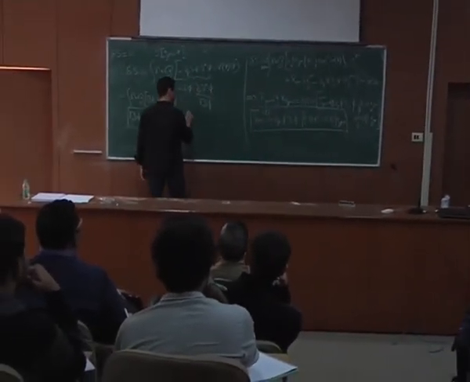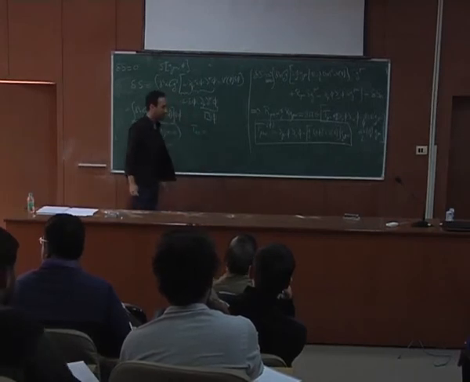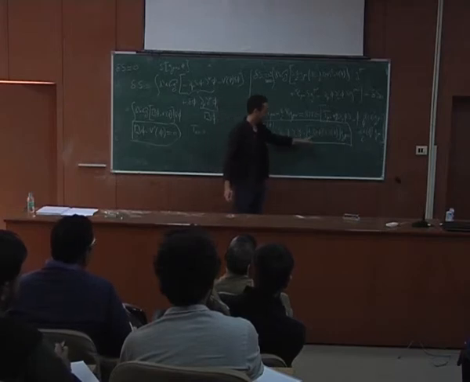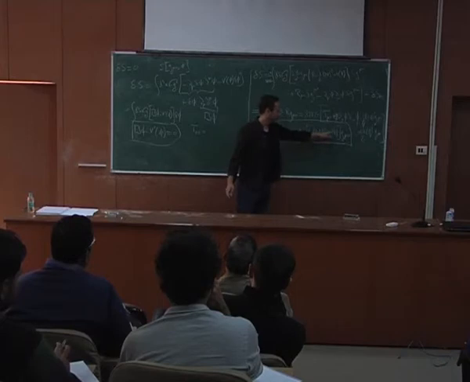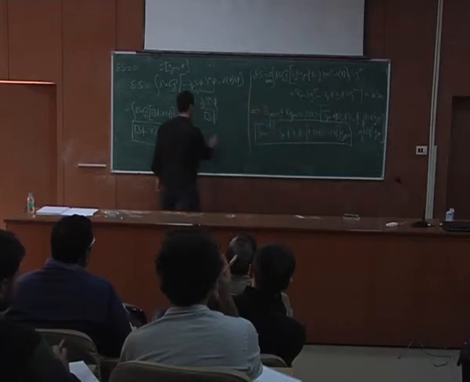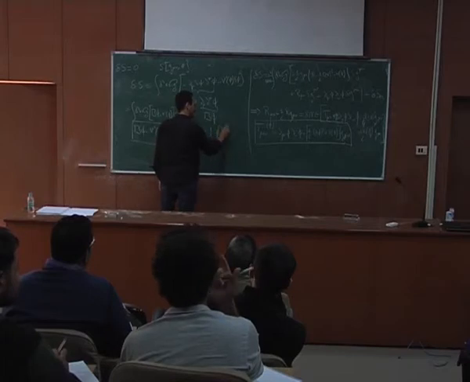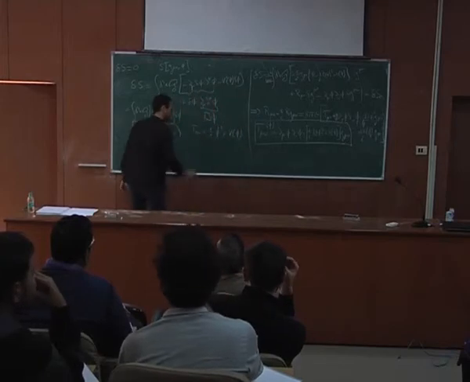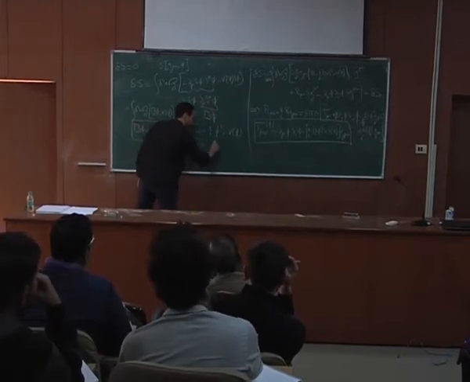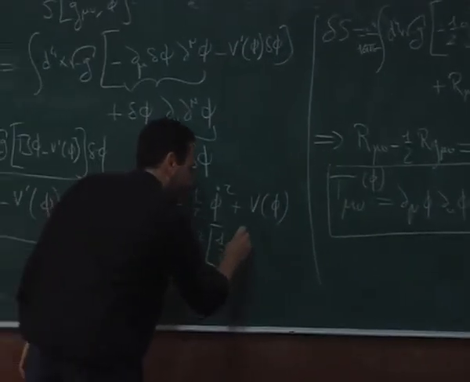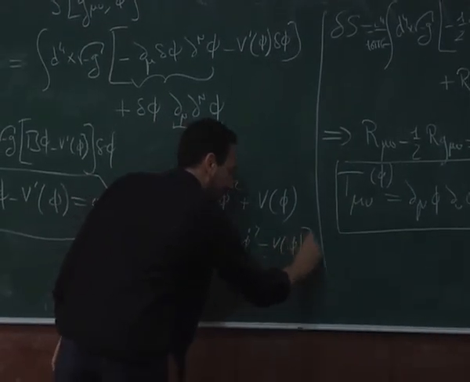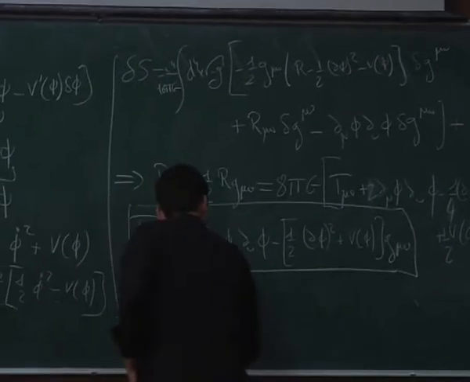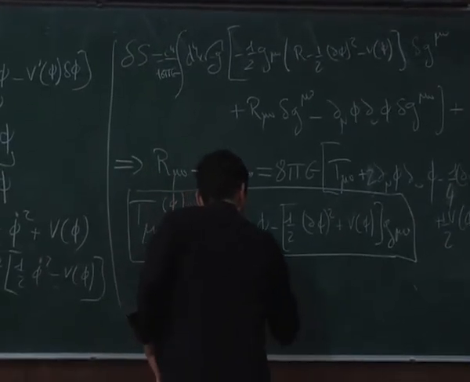I get 1/2 phi dot squared plus the potential, and for the pressure I get minus a squared times 1/2 phi dot squared minus V(phi). So what does it mean? It means that I'm getting some density, and then I will explain what it means. Let me just finish the calculation.